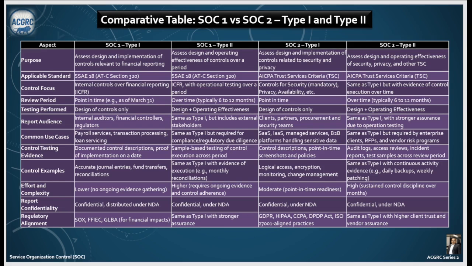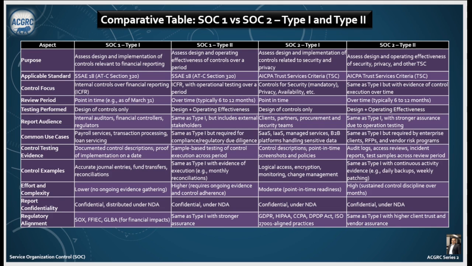Let's look at a comparative table between SOC 1 Type 1 and Type 2, and SOC 2 Type 1 and Type 2. I would recommend teams pause the screen and take a screenshot, or pause it and read it through.